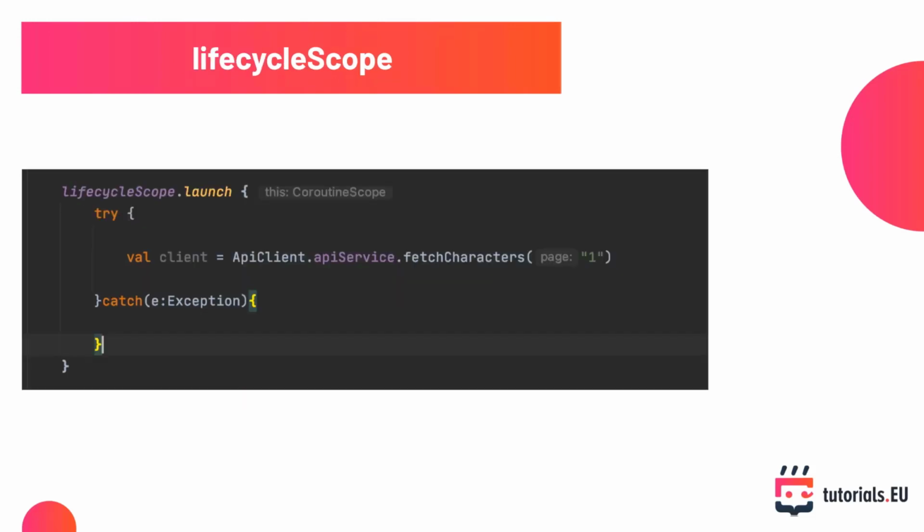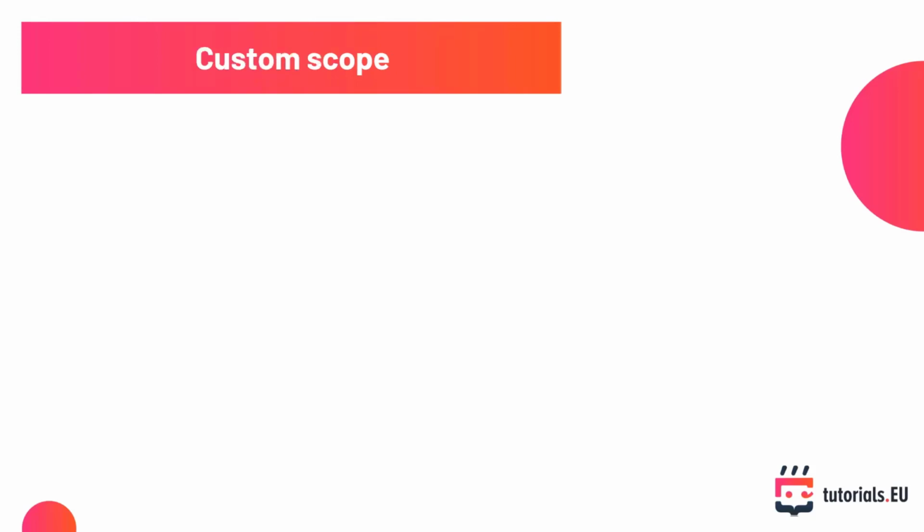And then you have the lifecycle scope, which is used to launch coroutines in the activity or the fragment, and is cancelled automatically when they are destroyed. So when the lifecycle is destroyed, which is good because then you are not running into memory leaks. And you can as well create a custom scope, but it is important that you attach it to a job and clear it when the execution is done.